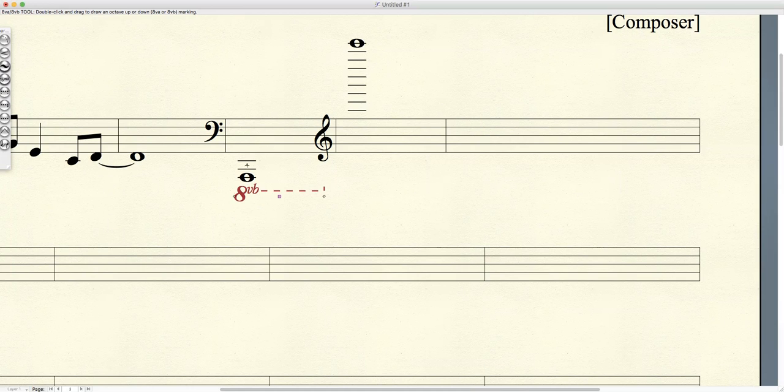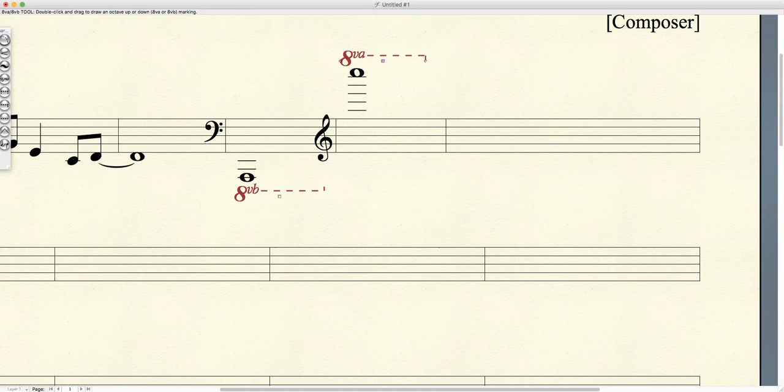So if you play that, it'd be the same as playing the one with all the ledger lines. Likewise here, I can take this down a peg and add in this ottava alta, which means octave above.